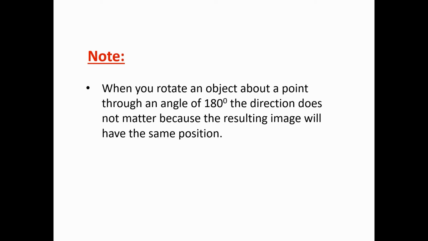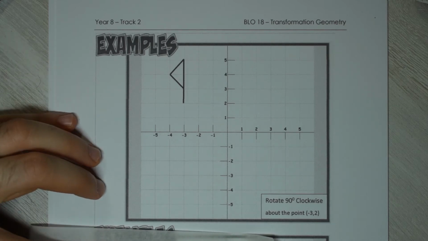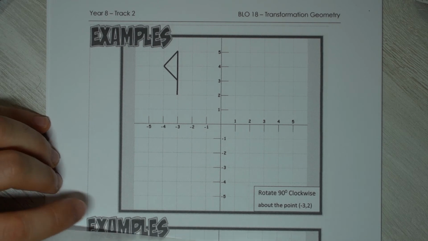Now let me work out some examples using a paper and a pencil, because I think that it is also important to show you how to do this. So back to our notes here.